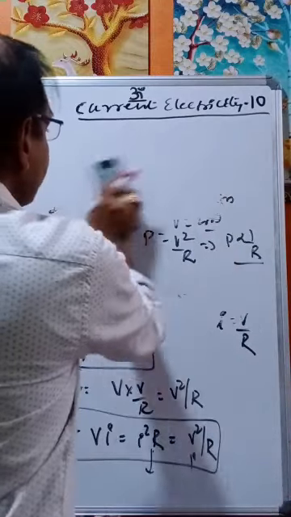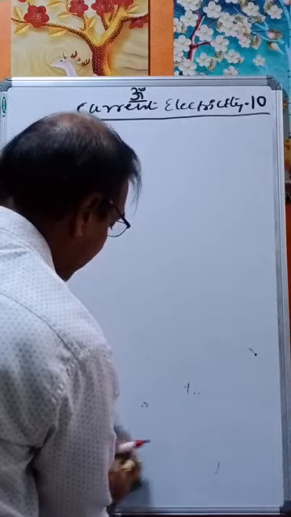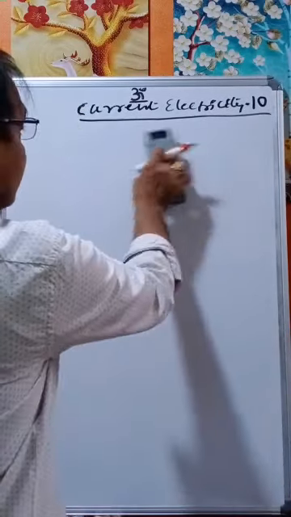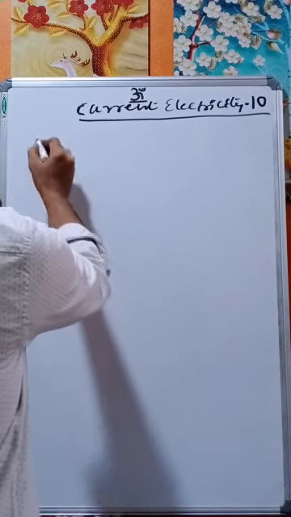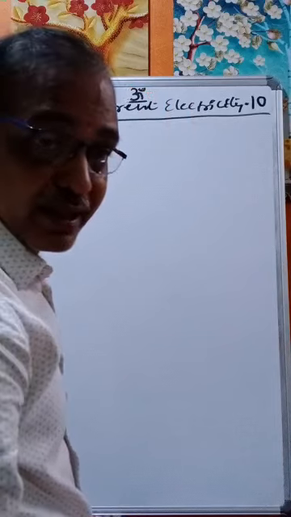Now let us see what is a cell. Cell and combination of cells and maximum power transfer theorem. Now what is a cell?